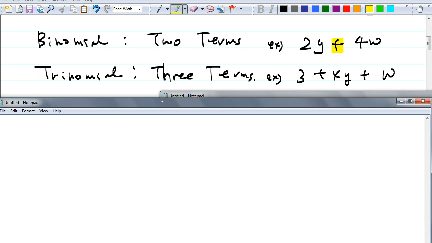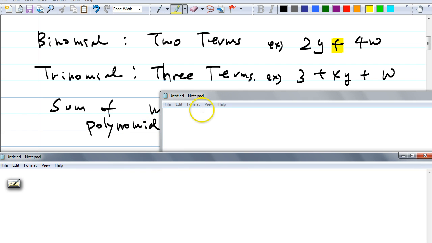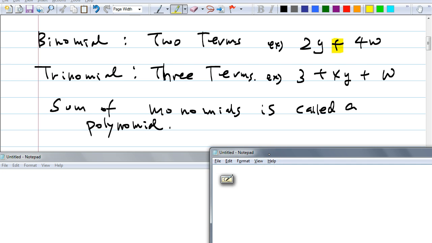Anything that has terms. That's exactly right. So it's basically a sum of monomials. That's one nice way to put it. A sum of monomials is called a polynomial. So Jason, if you have 4 terms, you say it's a polynomial with 4 terms.